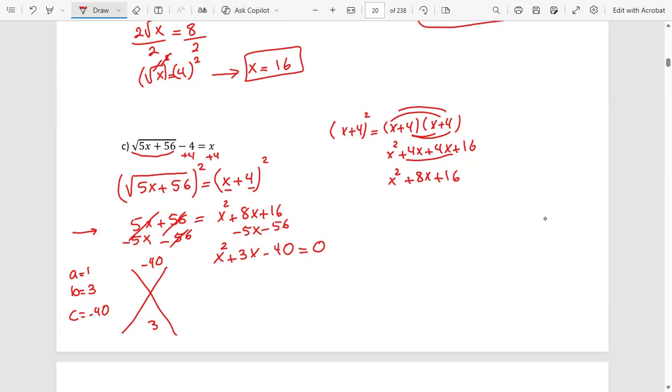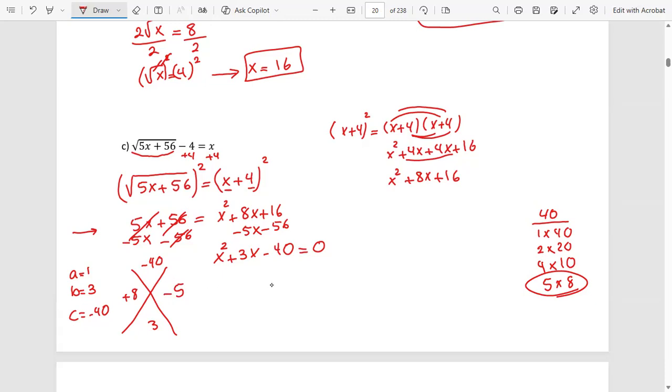For 40, we have many options. 1 times 40 is 40. 2 times 20 is 40. 4 times 10 is 40. 5 times 8 is 40. But which one of these options gives me 3 if I add or subtract? 5 and 8. So we should have positive 8 and negative 5, because 8 minus 5 gives me positive 3.